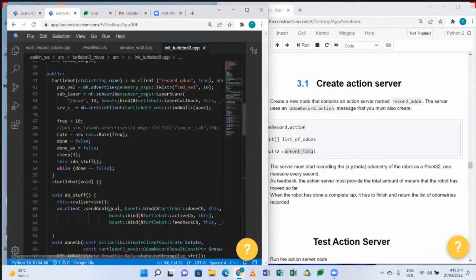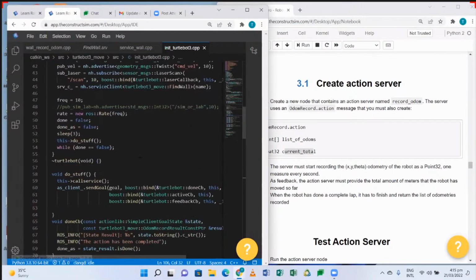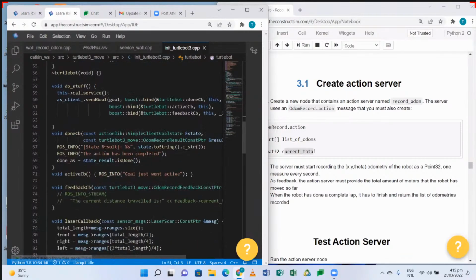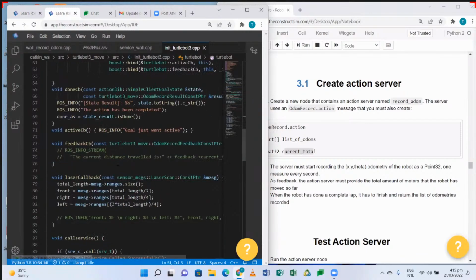Now, what I have done is that if done_action_server is false initially, I have initialized this variable as a Boolean. And now here the goal is done. Here it is updating its value.